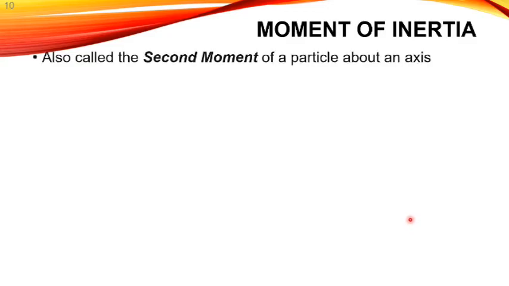Another application is the moment of inertia, so mostly physics. It is also called the second moment of a particle about an axis. So the inertia is equal to the mass times the direct distance squared. So our direct distance is the radius itself from a center or an axis. So r is what we use.